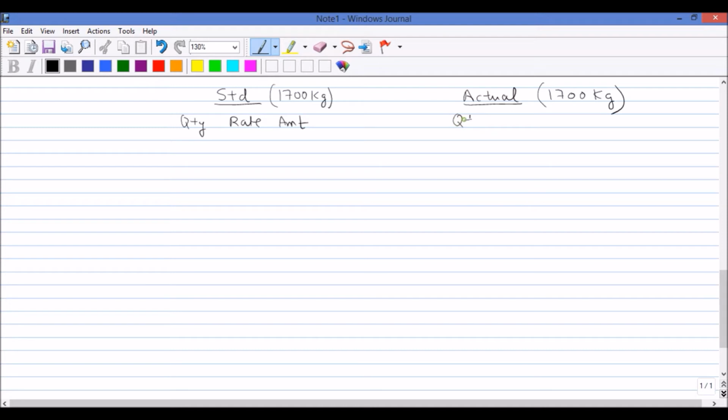Here also quantity, rate, amount. Then there is one material A, there is another material B. Here also A, but divided into opening stock and current purchase. B is also divided into opening stock and current purchase.